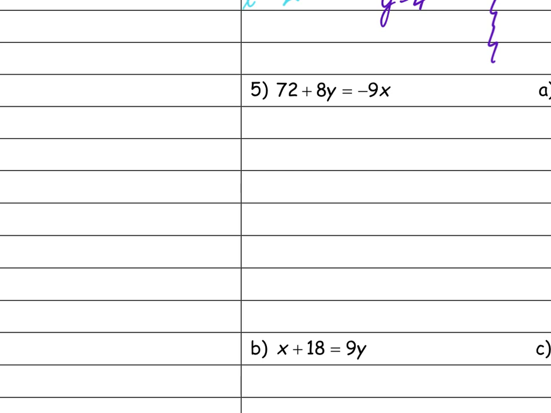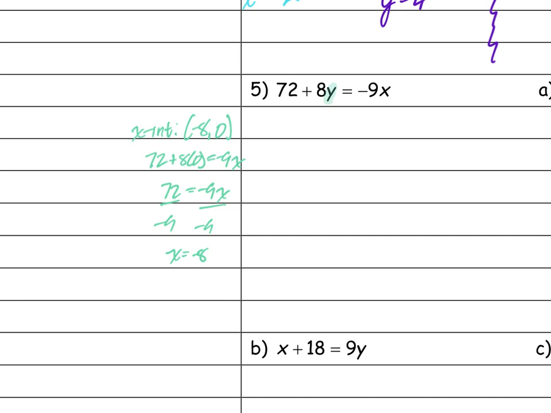So to find my x-intercept, I'm going to set y equal to 0. So wherever there's a y, a 0 is going to go in there. So I've got 72 plus 8 times 0 equals negative 9x. So 72 equals negative 9x, divided by negative 9. X equals negative 8. I think that's what it is. Negative 8, 0. Okay.